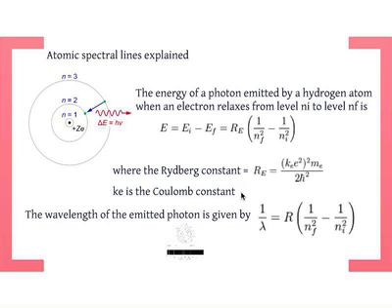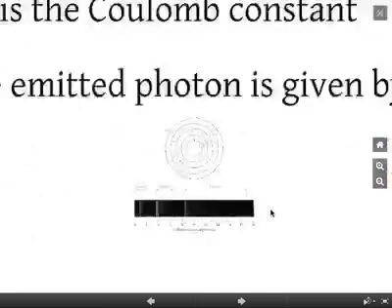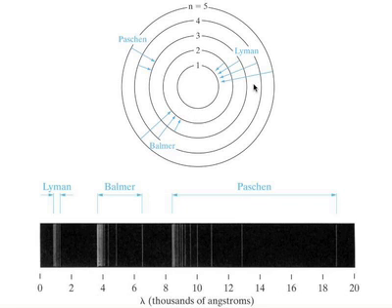And the wavelength of the emitted photon is given by 1 over lambda equals R times that. Remember, energy is given by hc over lambda, and you can plug it in and get those equations. Now, this expression was able to explain this: the wavelengths of these different lines could be explained by transitions between the different orbitals.